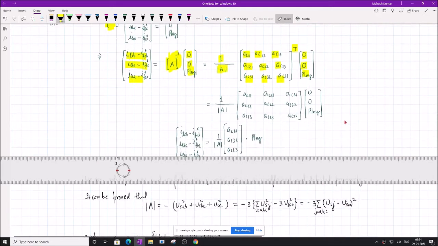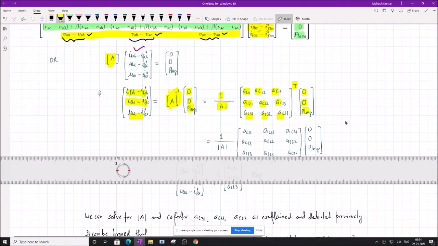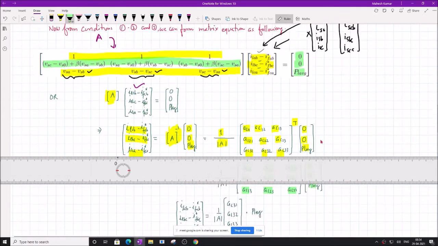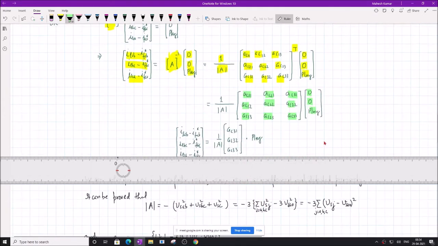Now if we make the cofactor transpose, then we will get the rows as columns. So AC11, AC12, AC13 will come here, AC21, 22 and 23 will come here, 31 and 32 and 33 will come here, into 0, 0, PL average. If I multiply these cofactors with the column vector on the right hand side, you will see these become 0, so they won't matter to us.